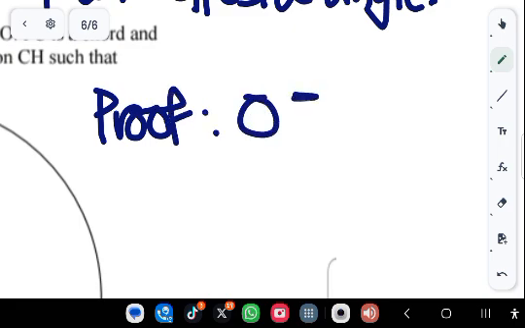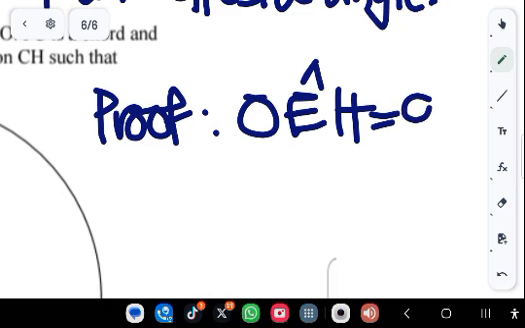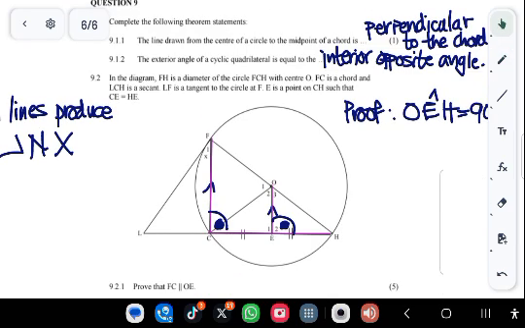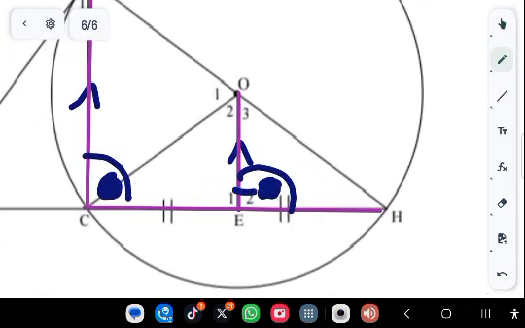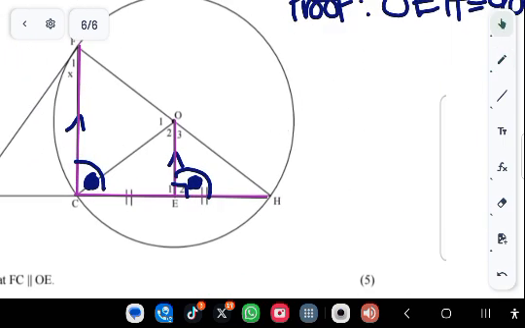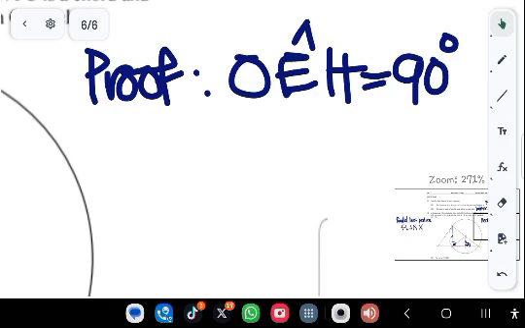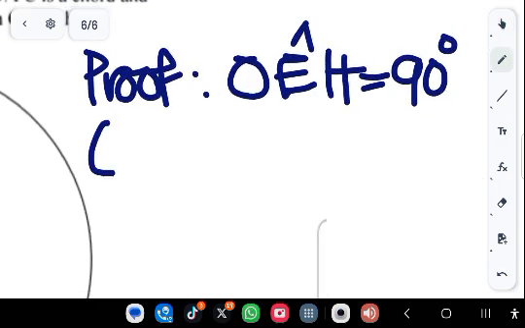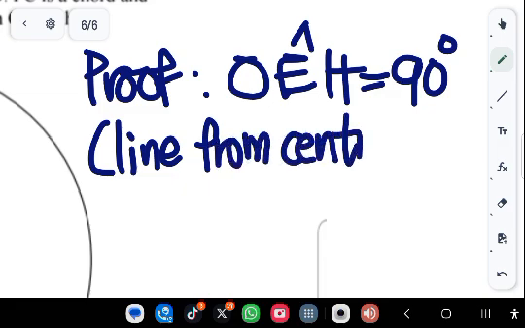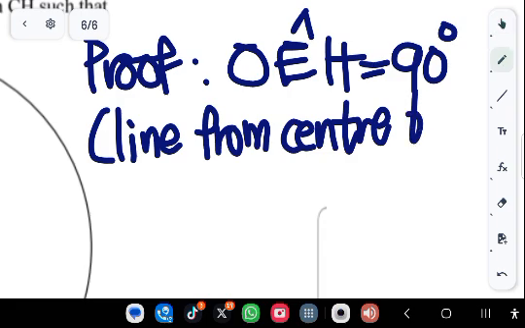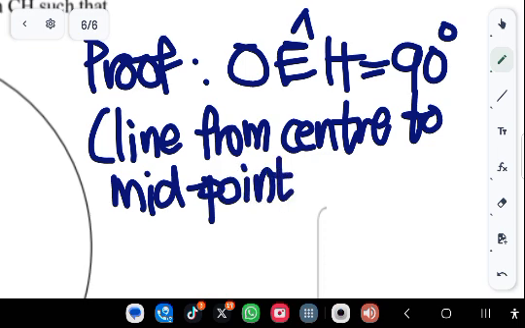Angle OEH is equal to 90 degrees, and the reason is line from center to midpoint perpendicular to chord. Okay, let me go back to see the reason, and it's short.